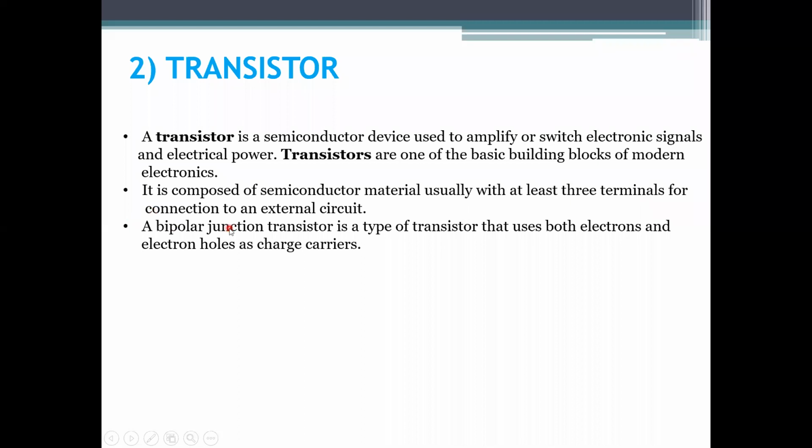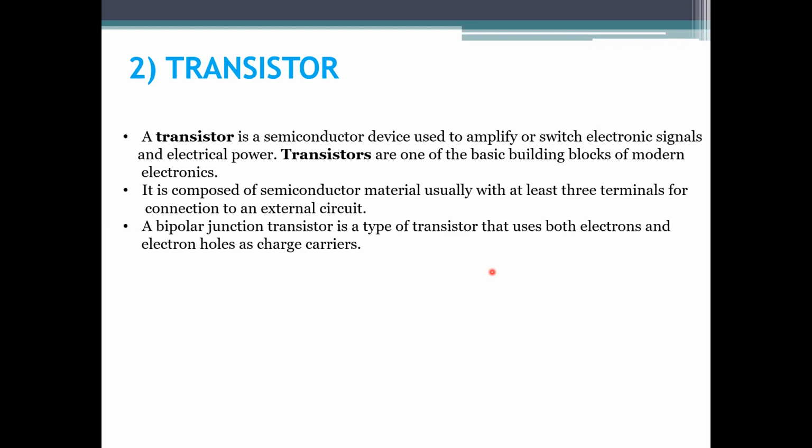A bipolar junction transistor is a type of transistor that uses both electrons and electron holes as charge carriers. The name transistor is made up of 2 terms, transfer and resistor, because its resistance transfers from one value to another depending on its bias. In other words, the current through a transistor is controlled by bias. Bipolar means both holes and electrons take part in carrying the current through the transistor. Therefore, they are called bipolar transistors.